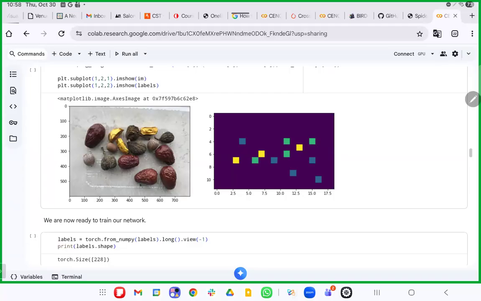At each location, for example, the dates are represented with this light blue color. At the location of figs, you have this green color. At the location of hazelnuts, you have the yellow color.